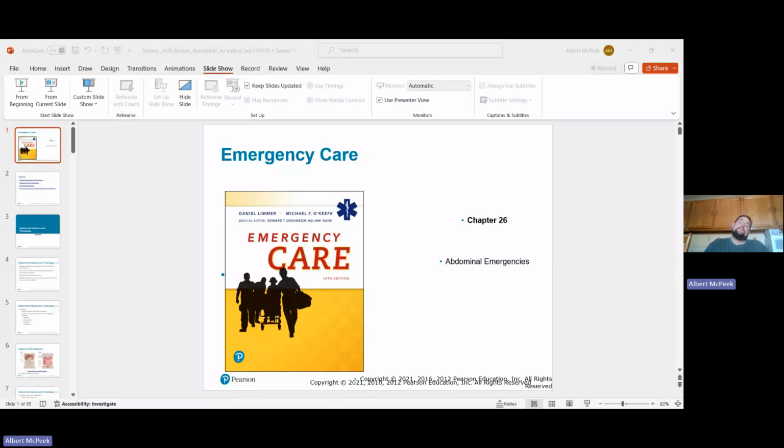Here's a picture of how the abdomen is divided up into the 4 quadrants. Now notice the right upper quadrant is on the left side of your screen, because whenever we do right and left in patient assessment, we're talking about the patient's right or the patient's left, not yours.